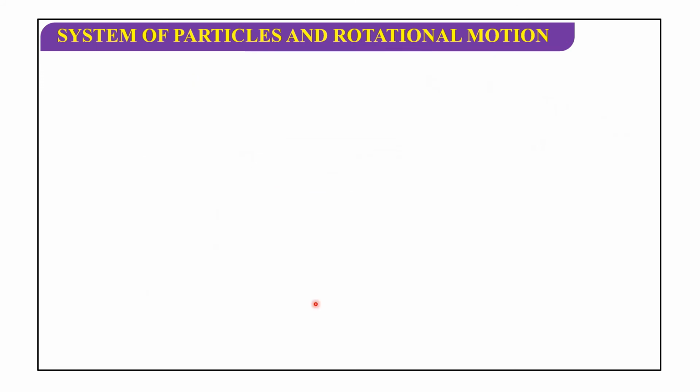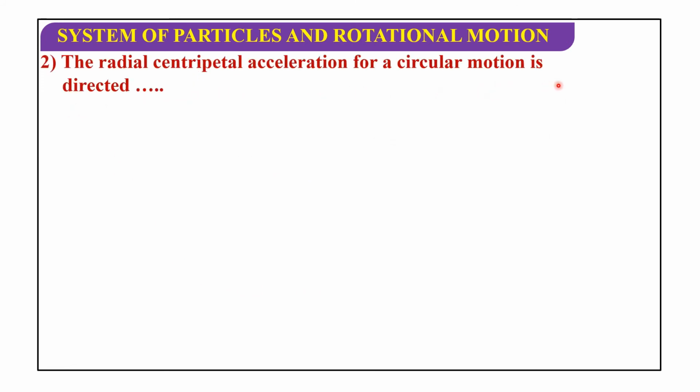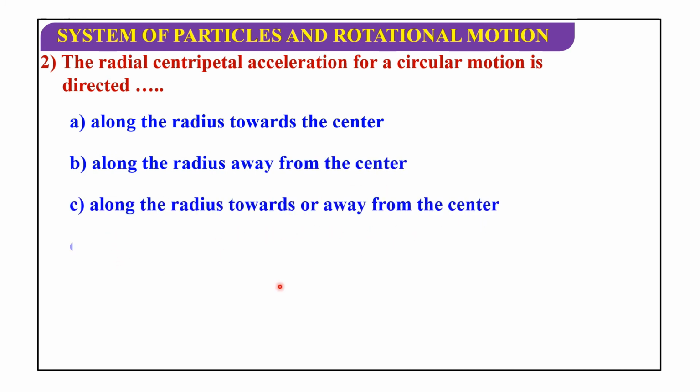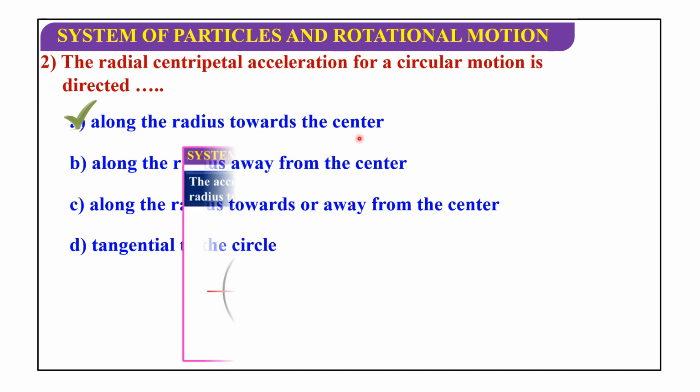Okay. Next, the radial centripetal acceleration for a circular motion is directed along the radius toward the center, along the radius away from the center, along the radius towards or away from the center, or tangential to the circle. So this is along the radius towards the center.